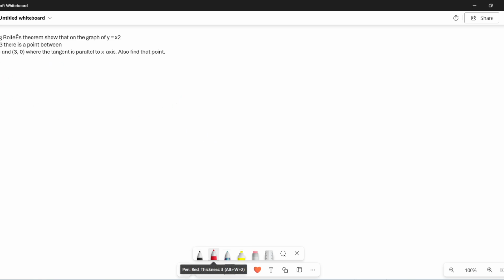The question says: using Rolle's theorem, show that on the graph y = x² - 4x + 3, there is a point between (1, 0) and (3, 0) where the tangent is parallel to the x axis.